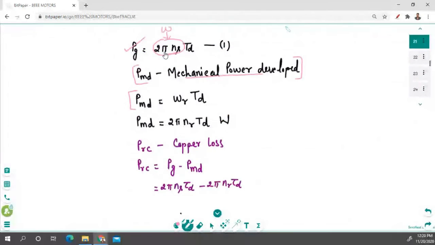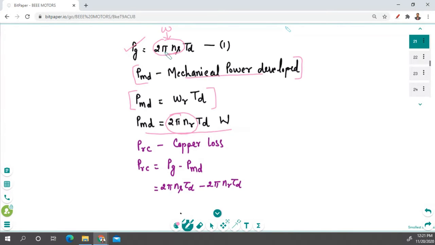Have you understood till now? Quickly give your response. So you can put this mechanical power developed right here. So omega r can be represented by this one. So we know that the input power is 2 pi Ns into Td, whereas the mechanical power developed is equal to 2 pi Nr into Td.